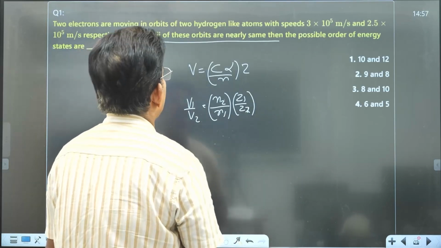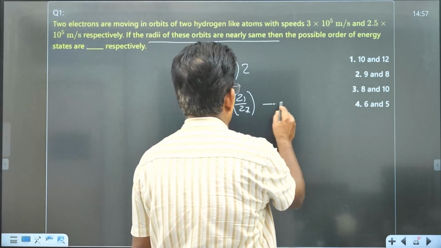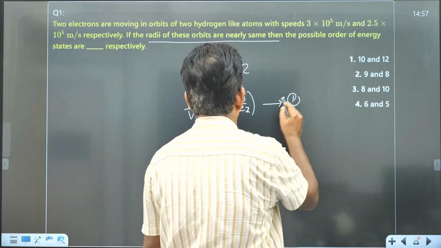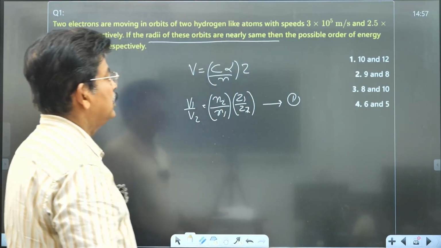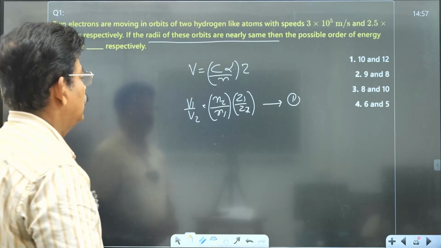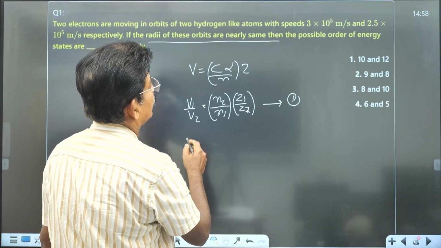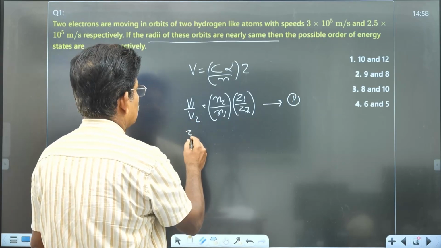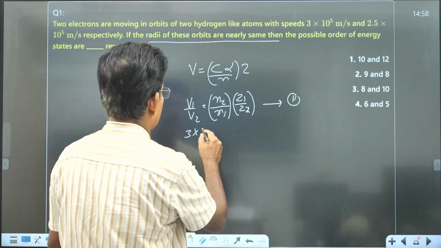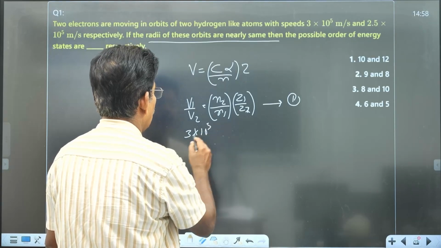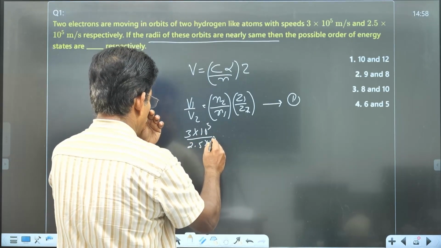So for the first equation for velocity, we got the relation V1 by V2 is equal to N2 by N1 into Z1 by Z2. Then V1 is given to be 3 into 10 to the power of 5, divided by 2.5 into 10 to the power of 5.